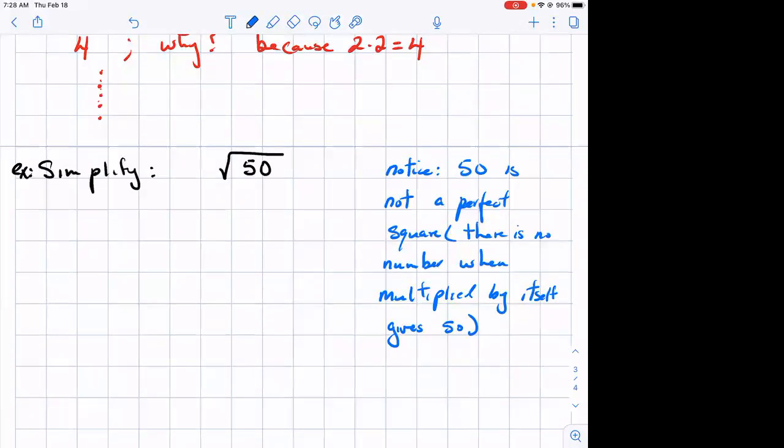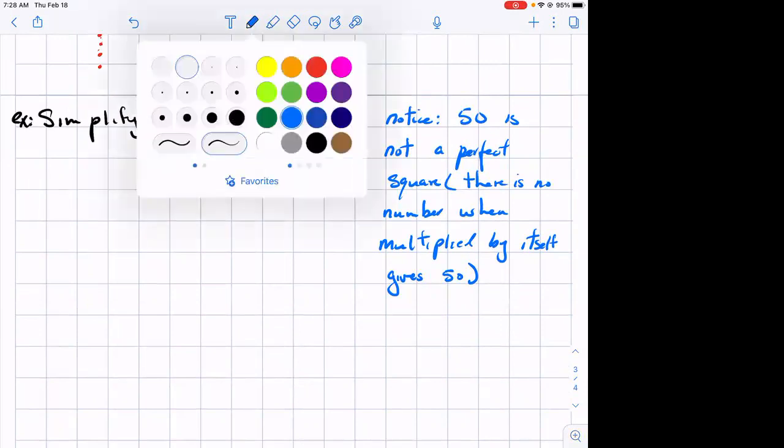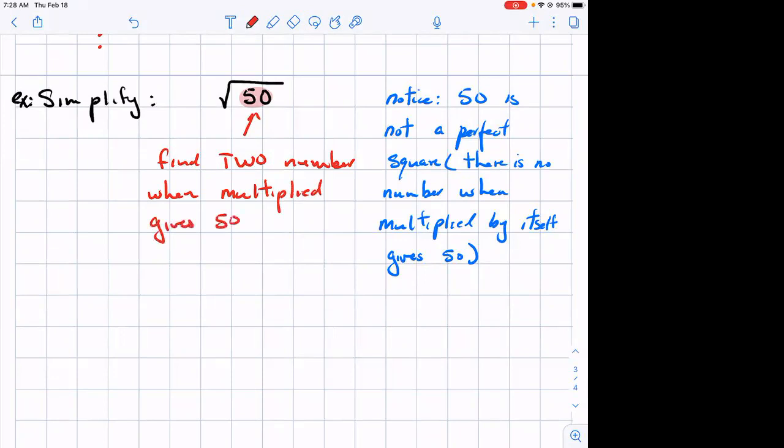So what are the factors of 50? Okay. We want to look and see what two numbers... So we're looking to find two numbers that, when multiplied, give 50.